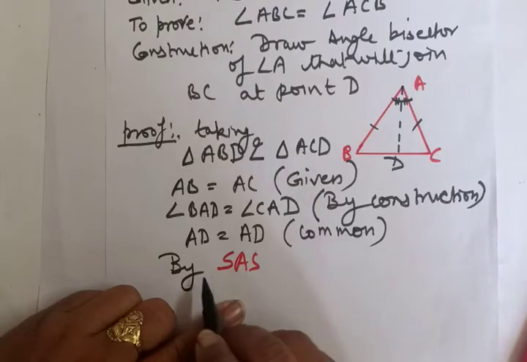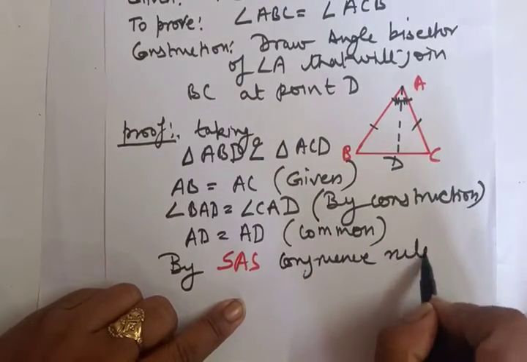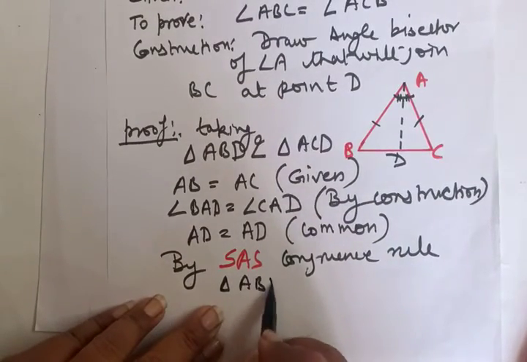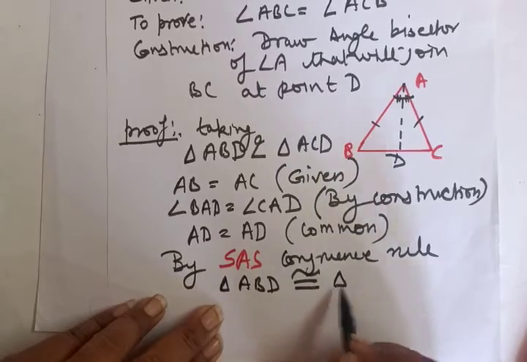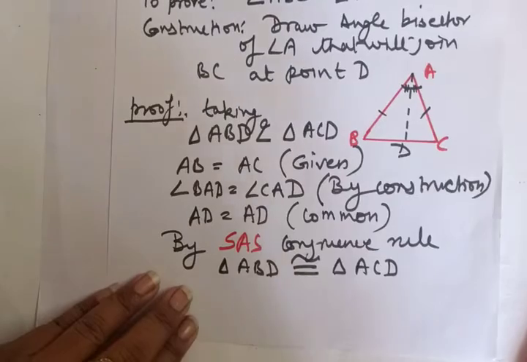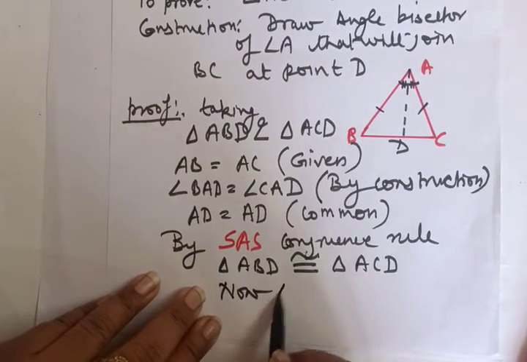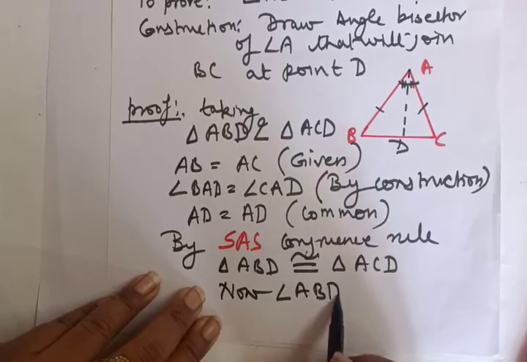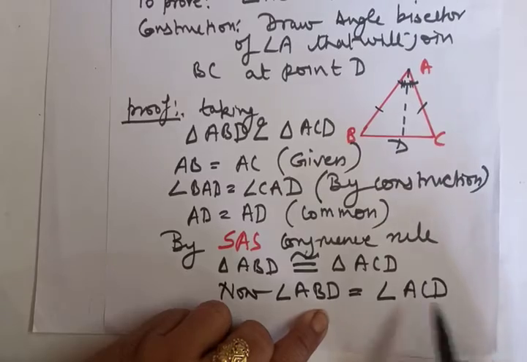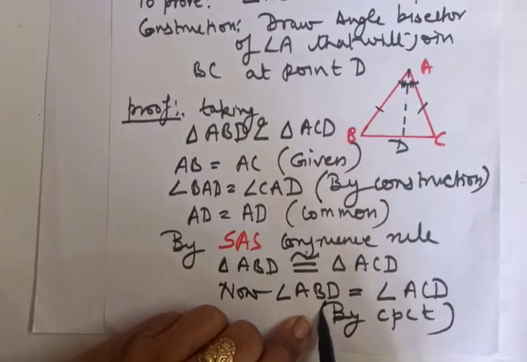So by the SAS congruency rule, triangle ABD is congruent to triangle ACD. And now angle ABD is equal to angle ACD by CPCT.